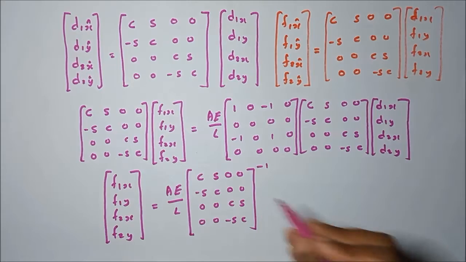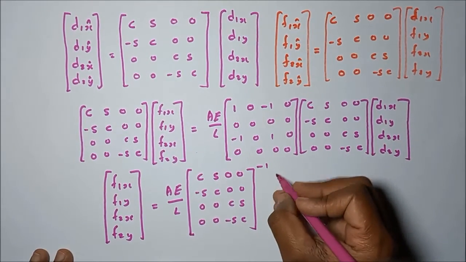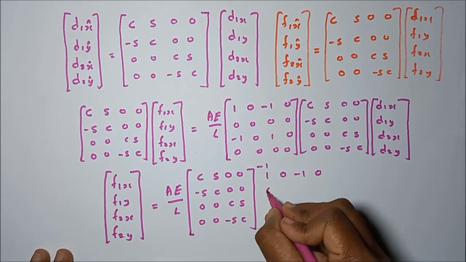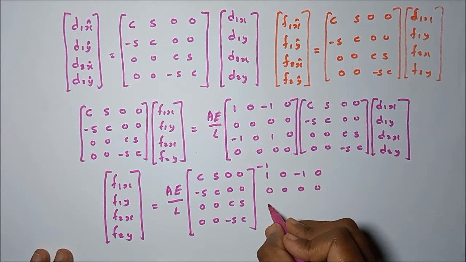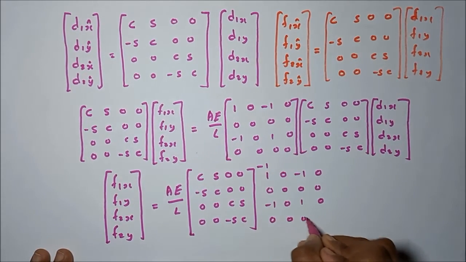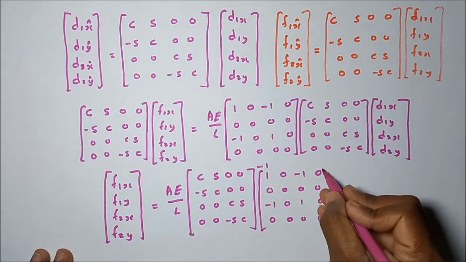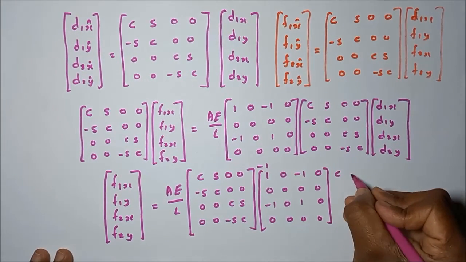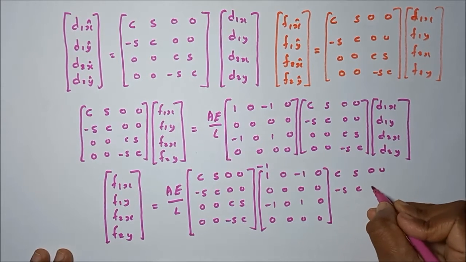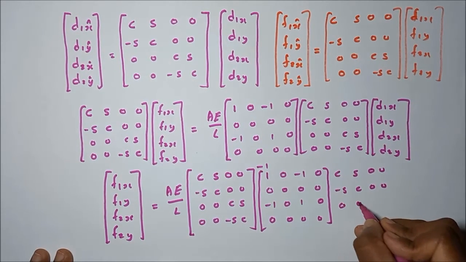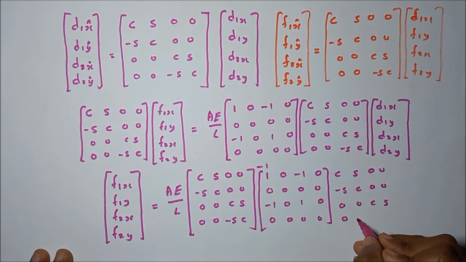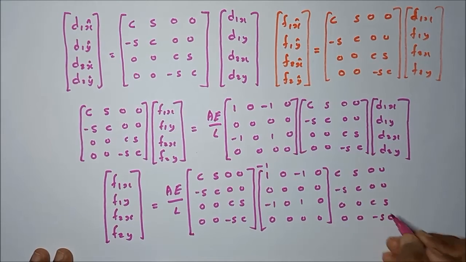So then the other matrices: 1 0 minus 1 0, 0 0 0 0, minus 1 0 1 0, 0 0 0 0. Then CS00, minus SC00, 00CS0, 0 minus SC.